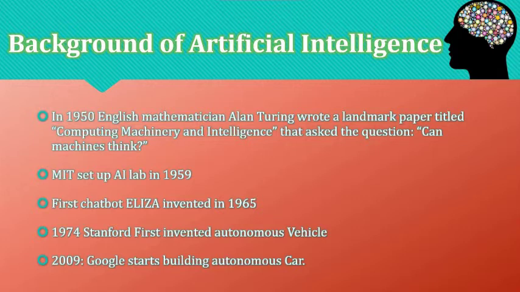In the year 1959, MIT set up the Artificial Intelligence Lab, and the first chatbot, Eliza, was invented in the year 1965. In 1974, Stanford invented the first autonomous vehicle, and Google started building the autonomous car in the year 2009.